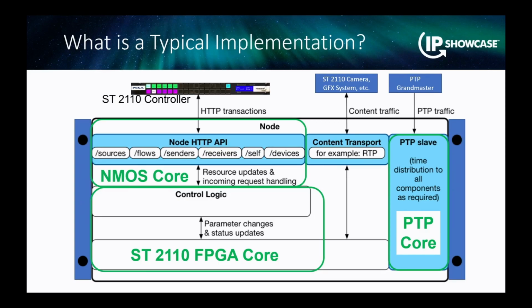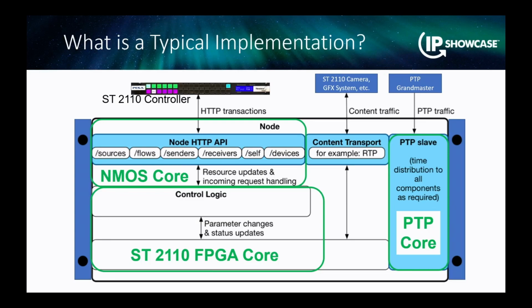And the piece we're really talking about today is the upper left, the NMOS core, which is a software core that our company provides in addition to the 2110 pieces. What that allows you to do is connect commands that would come from a controller down into your FPGA hardware to tell it what to do. Tell it, I'm going to listen to this stream, or expect a stream coming in that's 1080p50, expect this kind of colorimetry.